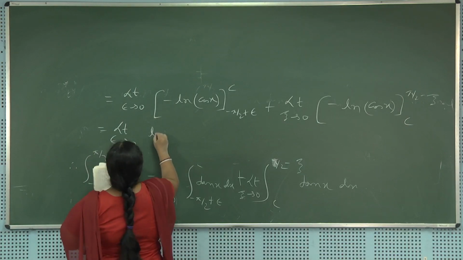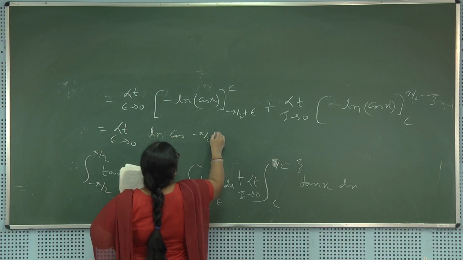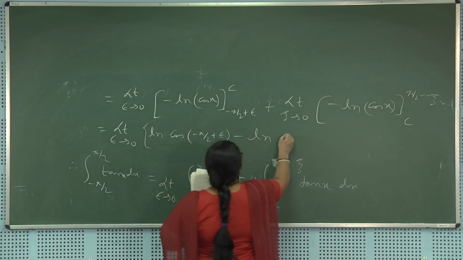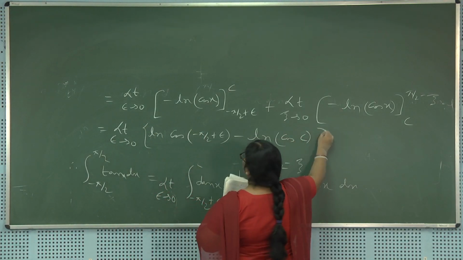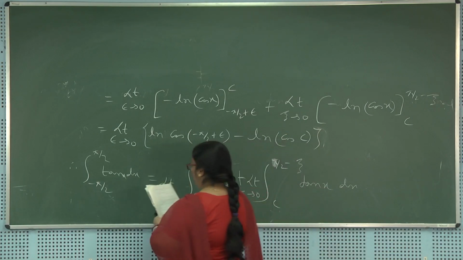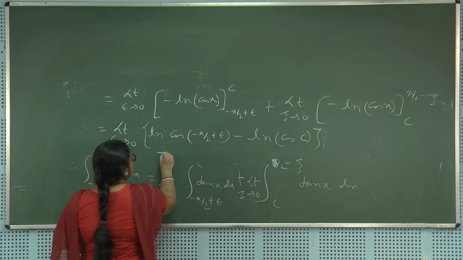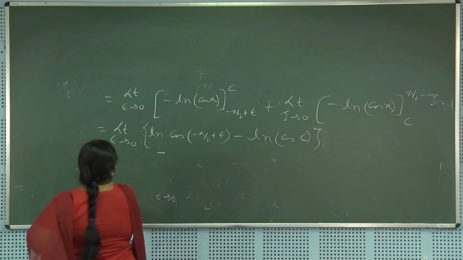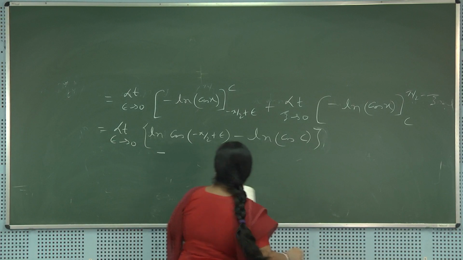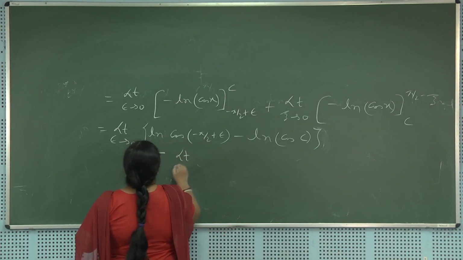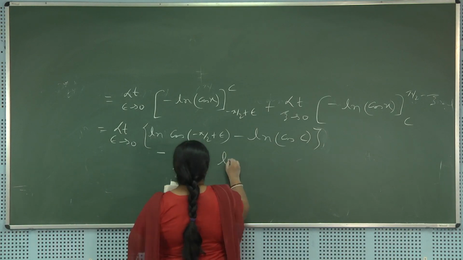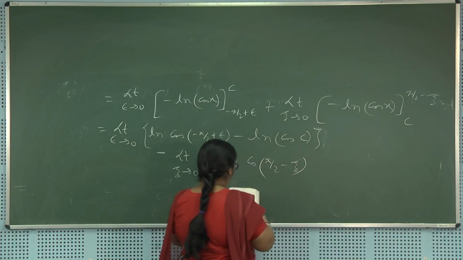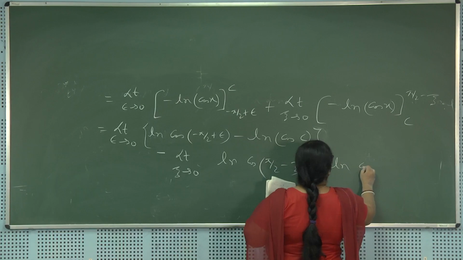So, this will become log of cos of minus pi by 2 plus epsilon, minus log of cos c, minus the other part, which will also come again: minus of the limit as xi tends to 0 of log of cos of pi by 2 minus xi, minus log of cos of c.